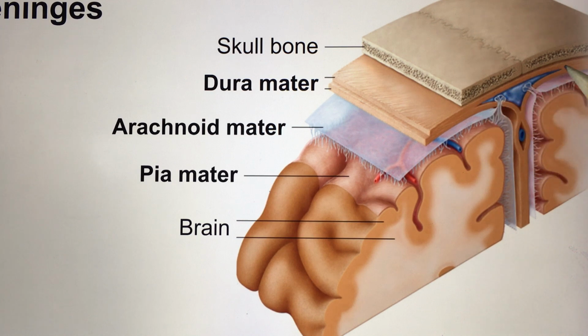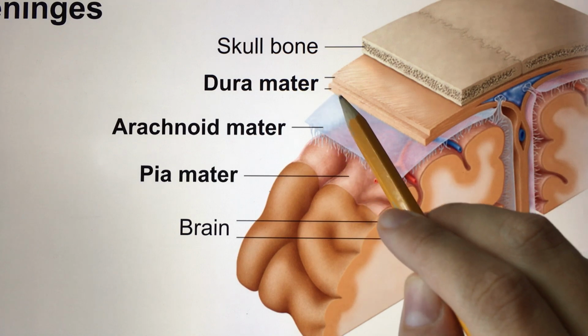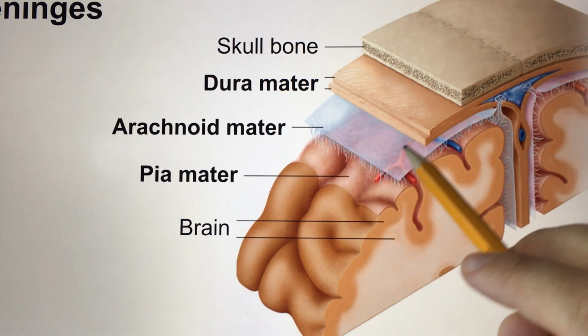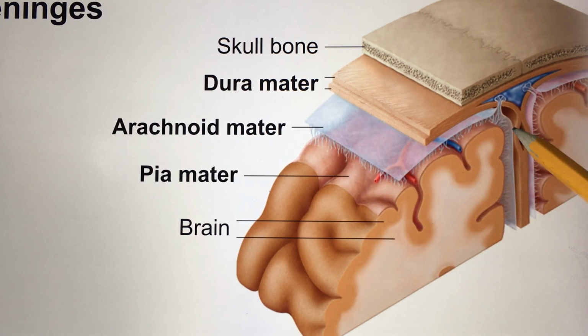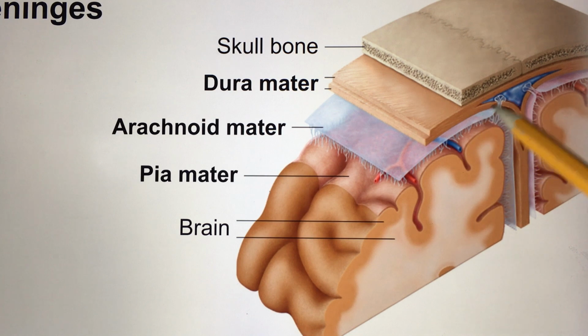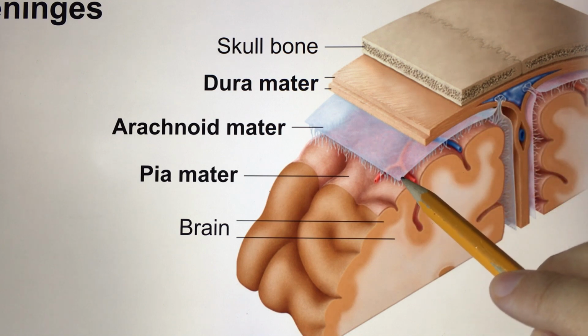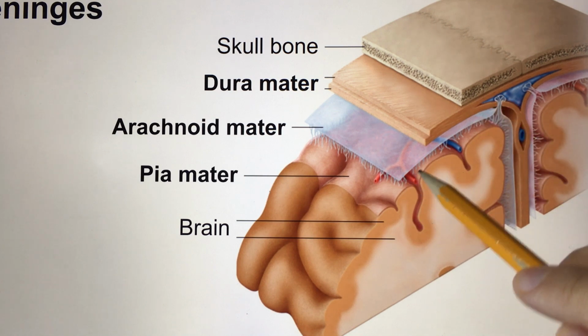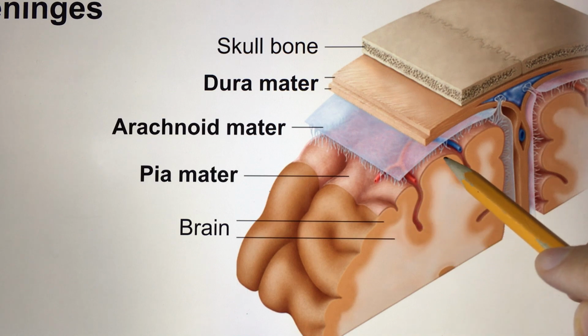When these 2 layers have a little space between them, that space gets filled with venous blood that gets collected from the brain. We're going to talk about it in a minute. Under the dura mater, we have arachnoid mater, this white stuff that follows the dura mater. It's got these little ligaments that connect to the last layer, the pia mater, the very, very thin layer that connects to the brain.